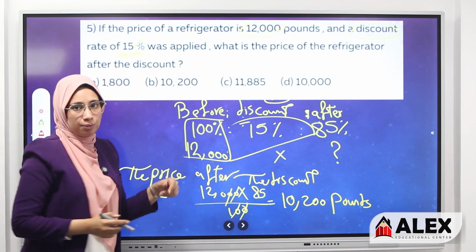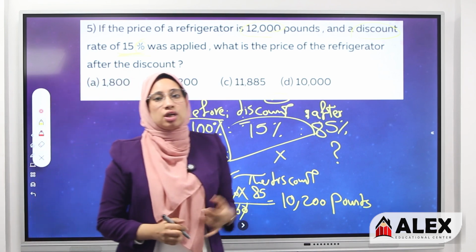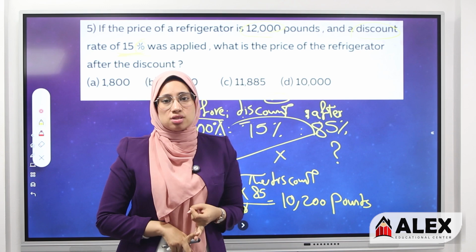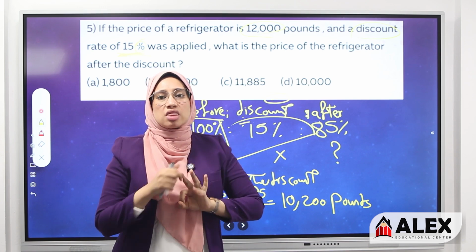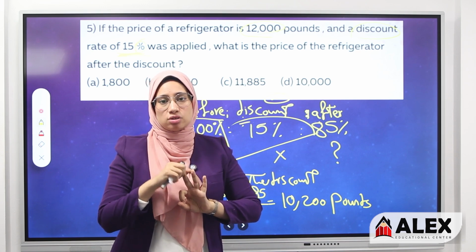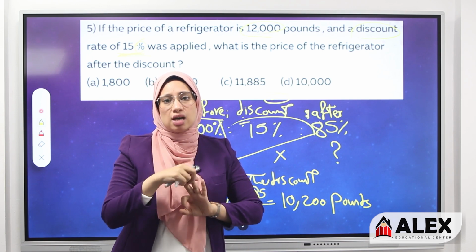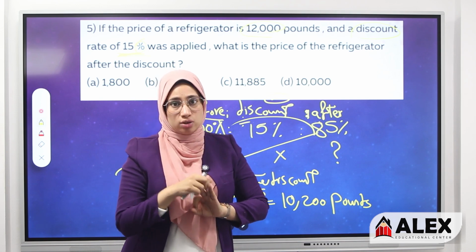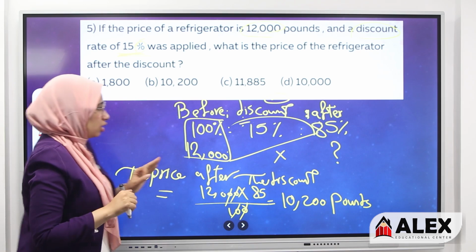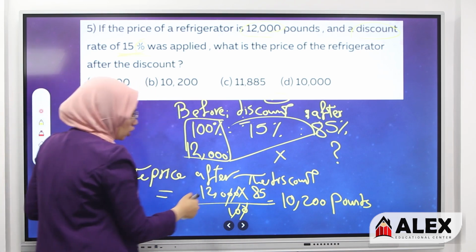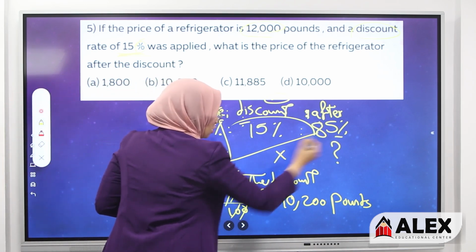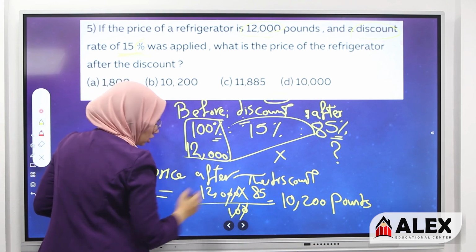But again, any question that has a discount or an increase, we put 3 steps. The first step: after, before, and the discount or the increase, with any percentage. And a note here: we don't put the percentage sign here. Why?